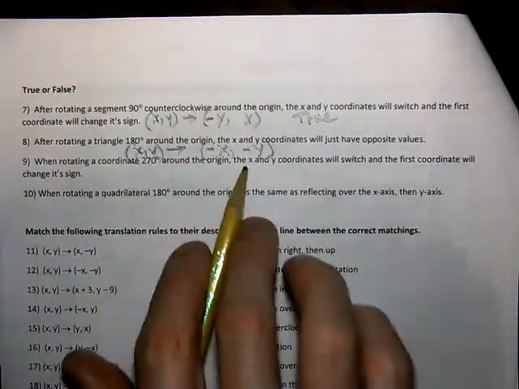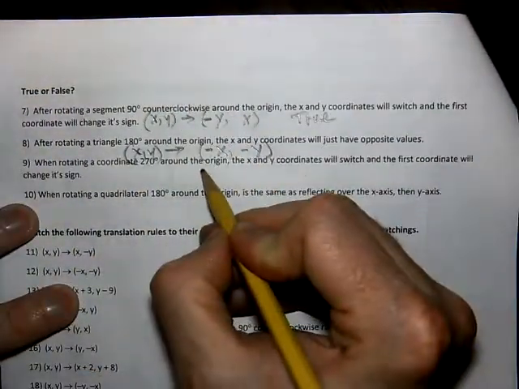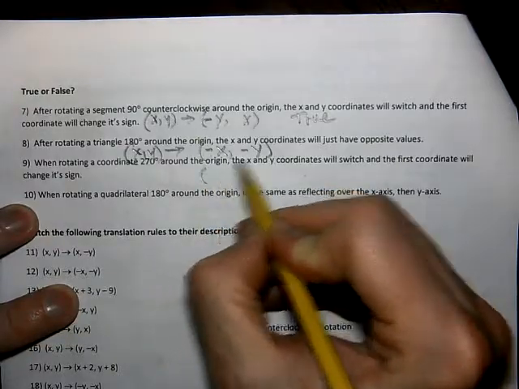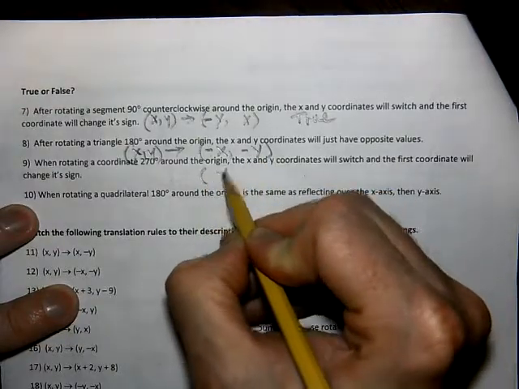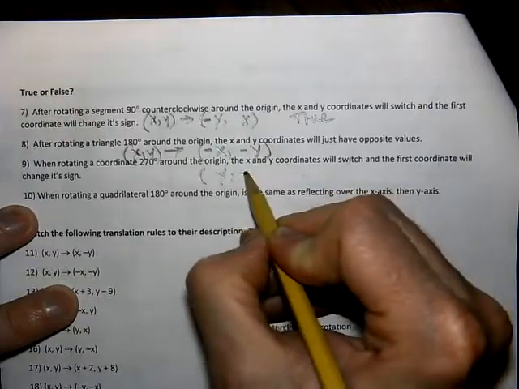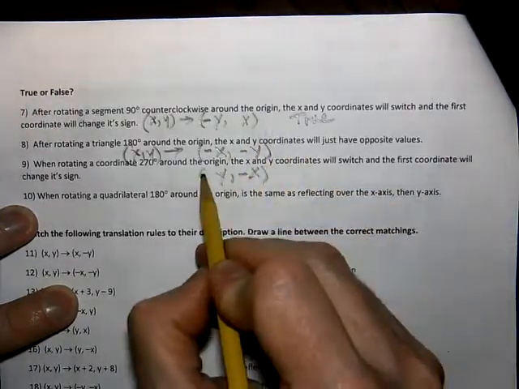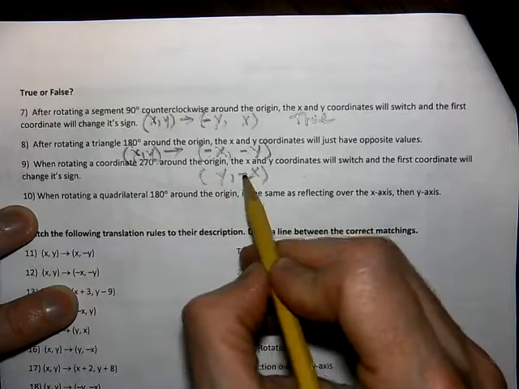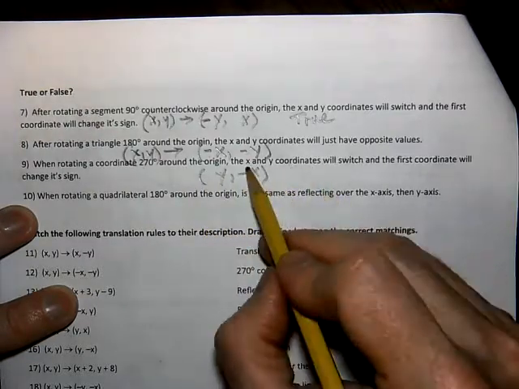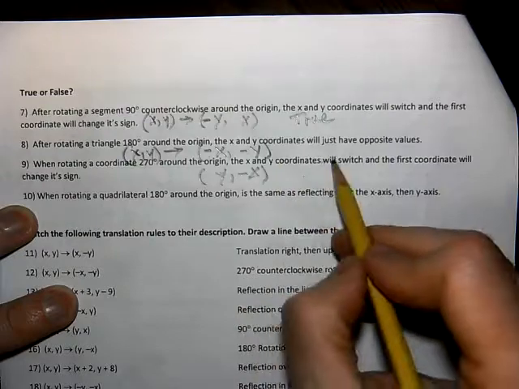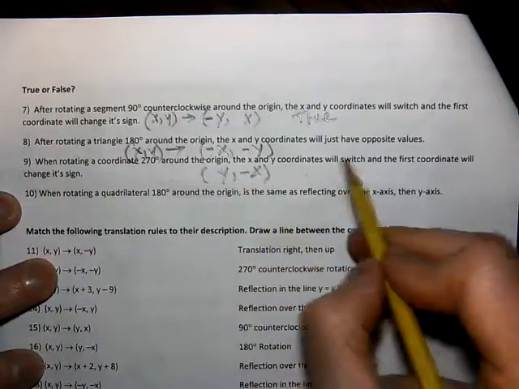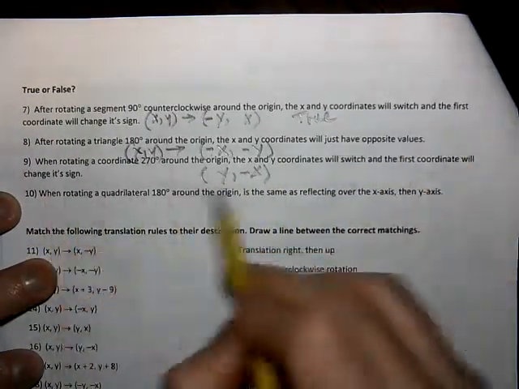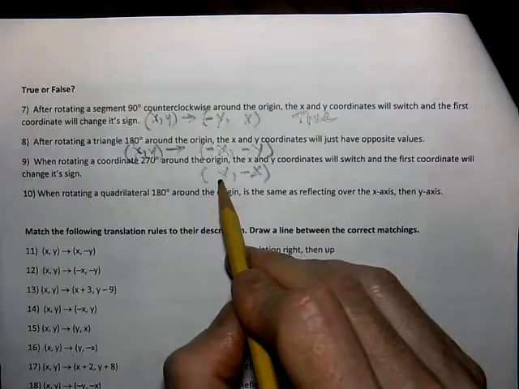Rotating 270 degrees, well, we're going to switch those so it's negative y, negative x, but change the negative to a positive so you get y comma negative x. The x and y coordinates will switch, that's what they've done, and the first coordinate will change its sign.